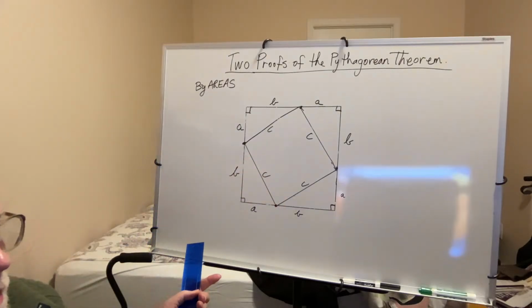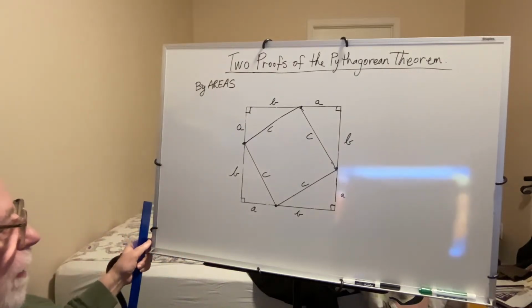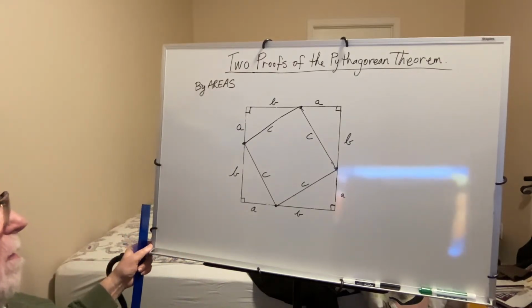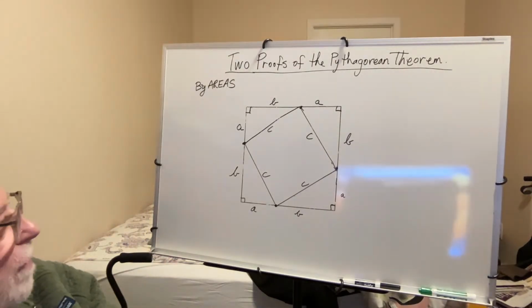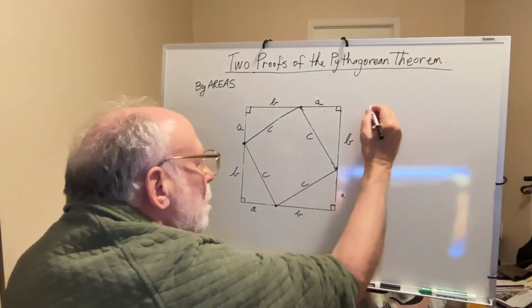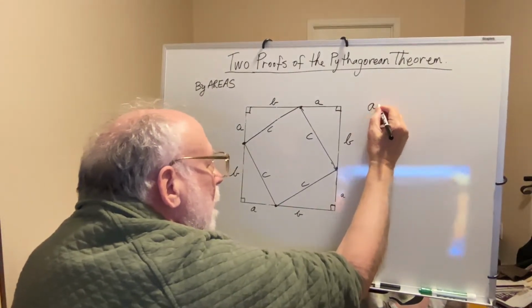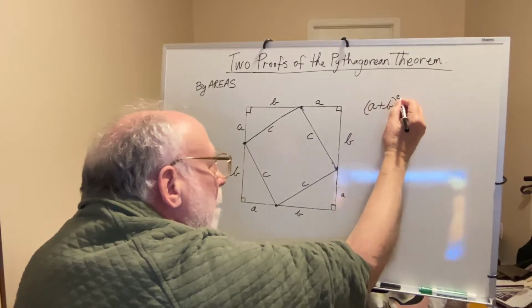How many parts do we have here? We have 5 parts, and the area of the whole is A plus B times A plus B.